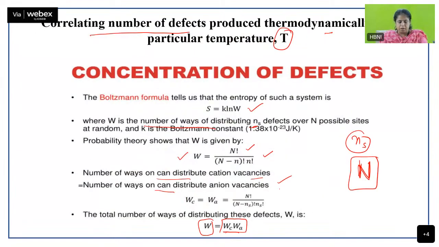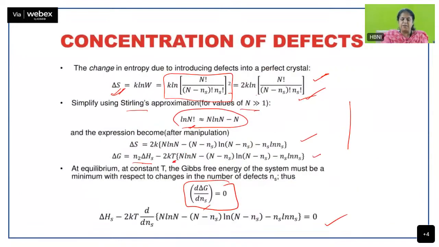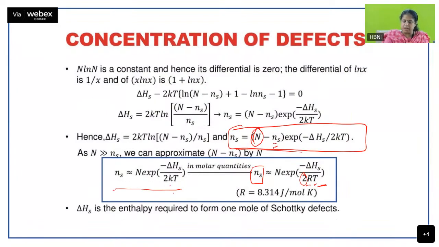There, this W will only be just one factor. And when it is one factor, you will not have a square here, and hence you will not have a 2 here. So for a simple vacancy and interstitial, your formula would be ns = N exp(minus delta H upon RT). But for Schottky and Frenkel, you will have this 2 in the denominator.